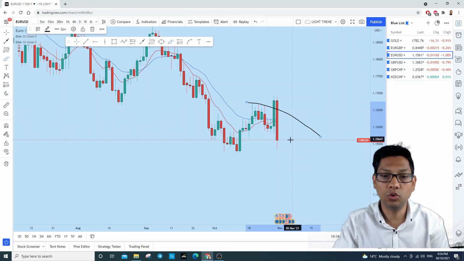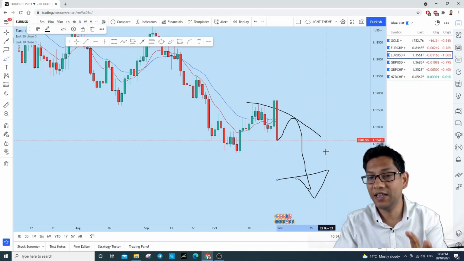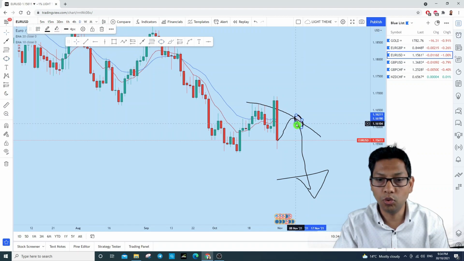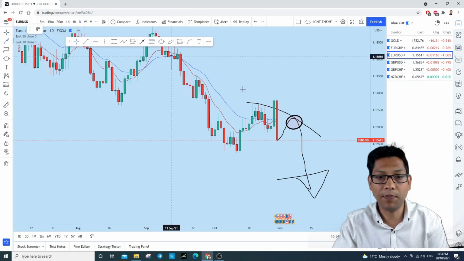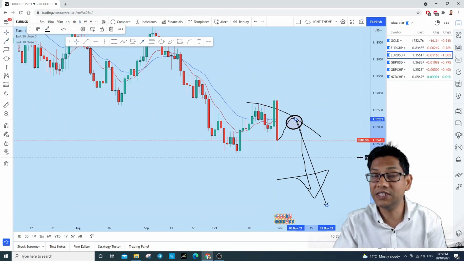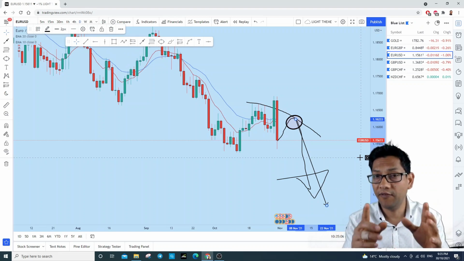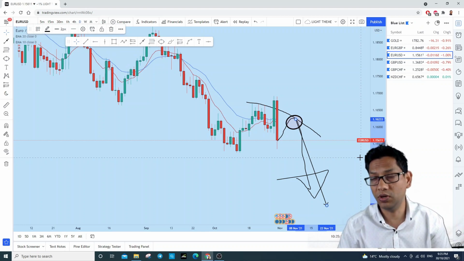The price will rise up a little bit, create a head and shoulder, and then drop in this fashion. What we will be doing with our students is wait for the price to come into this area. As soon as the price reaches and completes this head and shoulder pattern, at that point we will take a short trade from this area with a very good risk to reward ratio with our students.